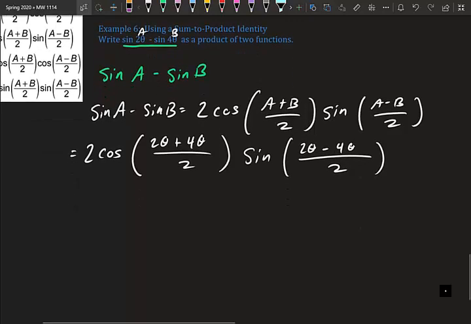And from here, let's just simplify as best as we can. So we have 2 cosine, so 2 plus 4 is 6, and 6 divided by 2 is 3 theta, times sine, so we have 2 minus 4 is negative 2, and negative 2 divided by 2 is negative theta.